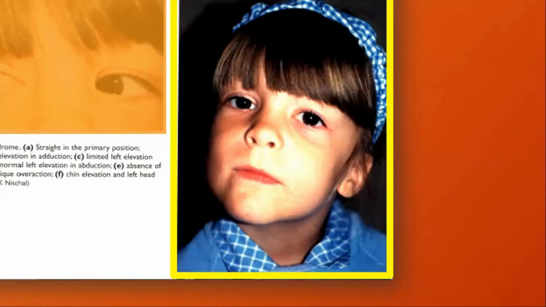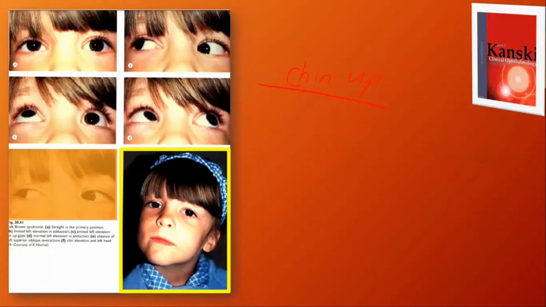So whenever we have hypotropia, the head tilt is generally, like 90%, on the hypotropic side. So we have left Brown syndrome, so we have left head tilt, as you said. And to make it a general statement, we can say ipsilateral head tilt.